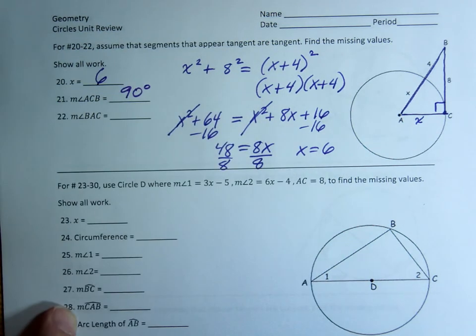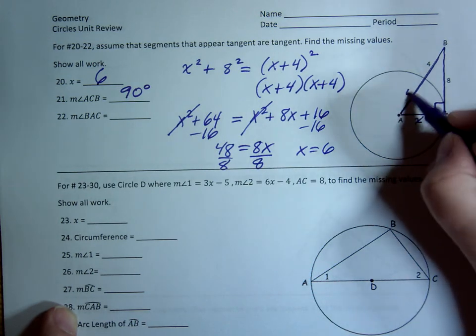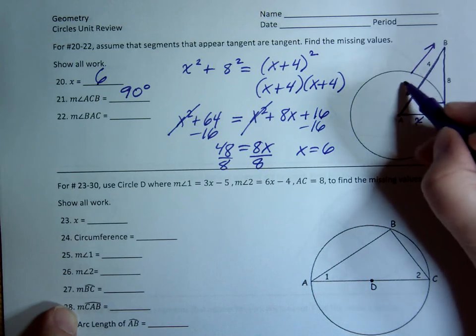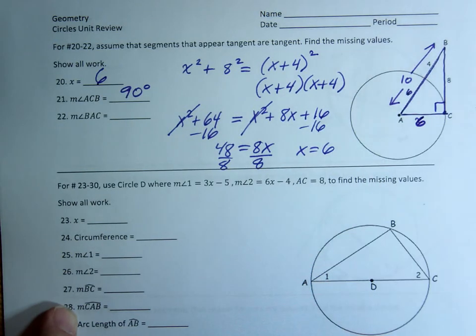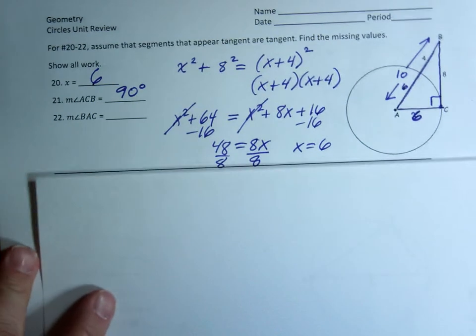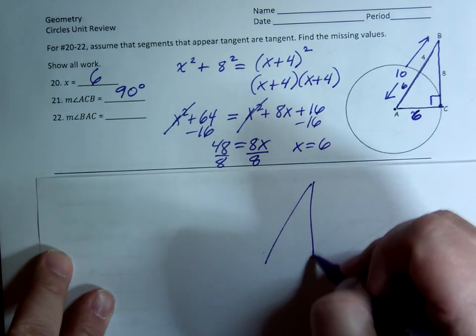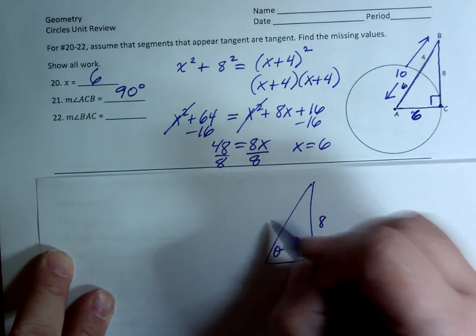Angle BAC. Well, let's see. How can we find angle BAC? If we know that x is 6, this is 6, then this whole side is 10. This is 6. This is a right triangle. I can use right triangle trig. I can say, well, that basically is me saying I want to find angle BAC, this angle of a right triangle.